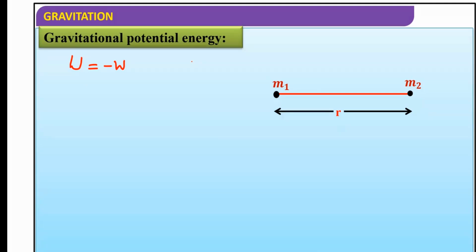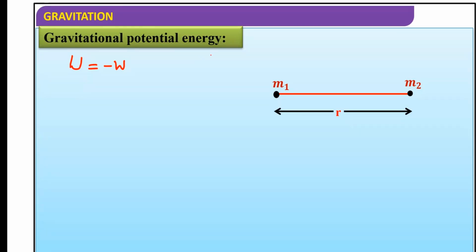Remember that the difference between the two definitions of potential and potential energy is, in gravitational potential we write amount of work done to bring a unit mass, while in case of gravitational potential energy we say it is the amount of work done to bring a mass, not a unit mass.